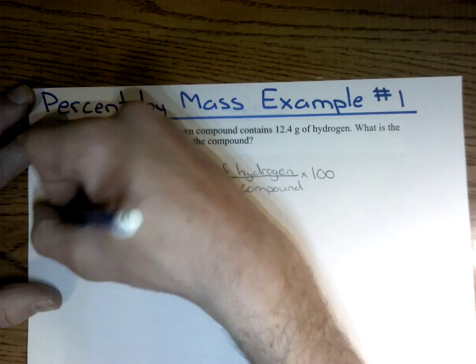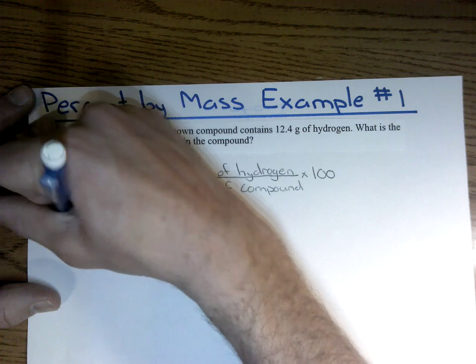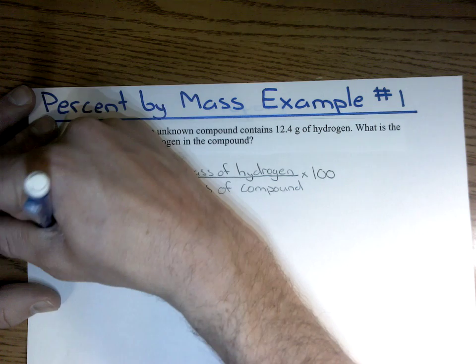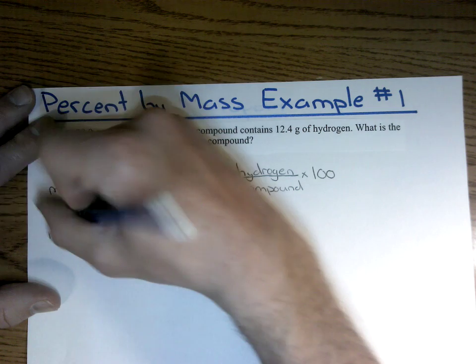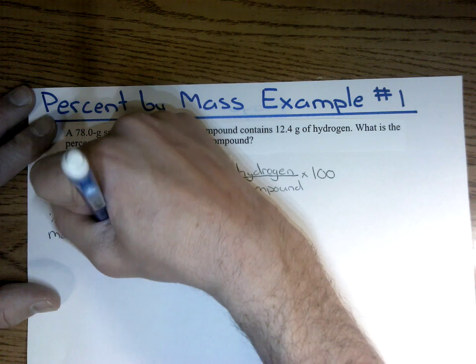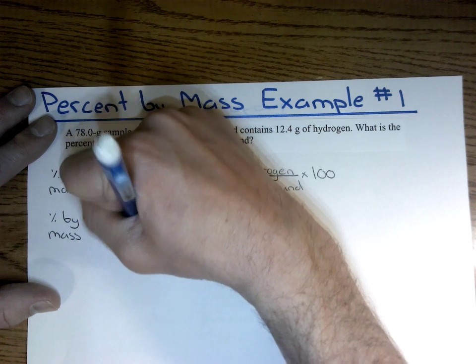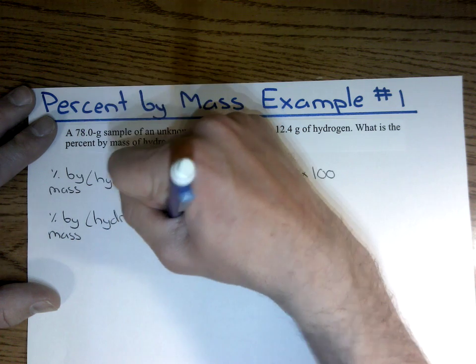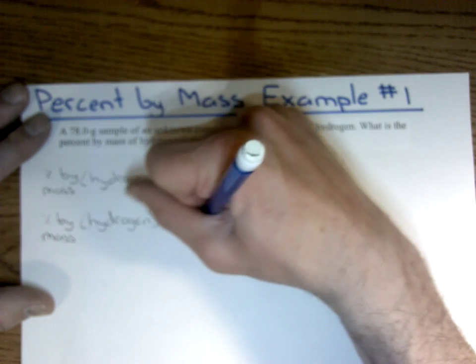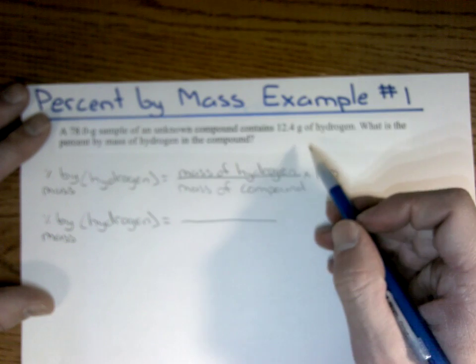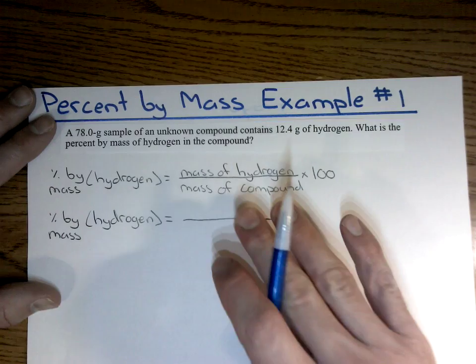All right, so we move down here. We don't know the percent by mass of hydrogen yet, but we do know the mass of hydrogen. If we read very carefully here, it says we have 12.4 grams of hydrogen.